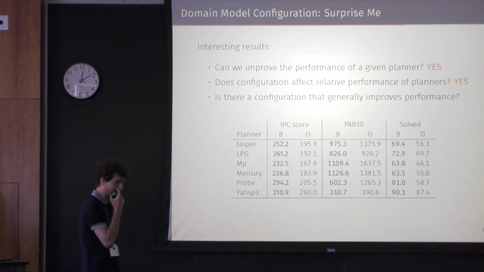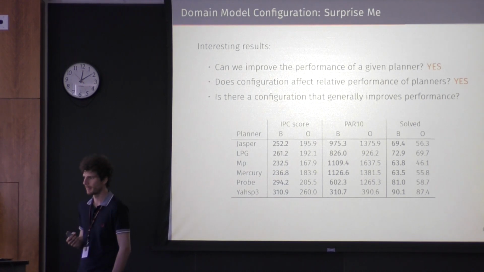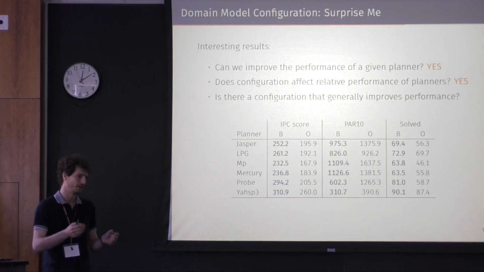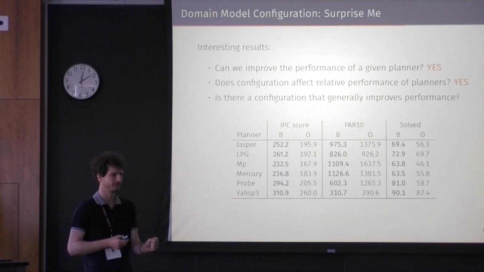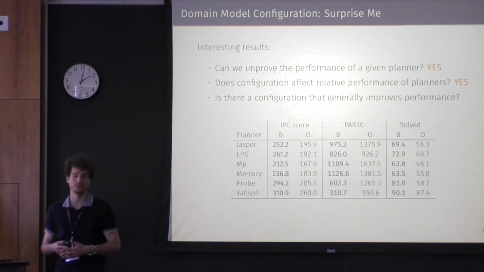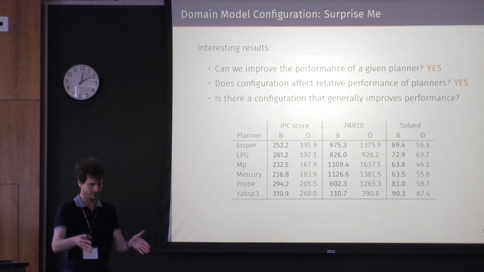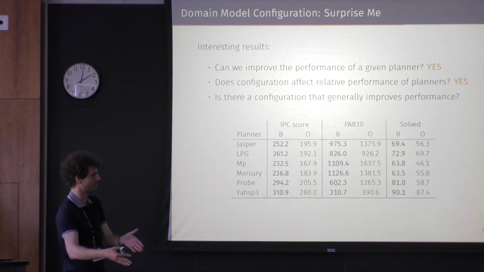Another interesting point that we were asking ourselves is, since we can find a domain model configuration which improves the performance of a specific planner, but this requires some time, because for running the algorithm configuration techniques you need 5 CPU days for creating the configuration, and then you can use it.